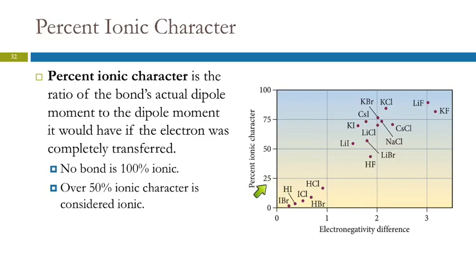So these guys are all below 25. Up here, above 50%, these are all metals and nonmetals. We've got this one guy in here, HF. Hydrogen is a nonmetal with one of the lowest electronegativities for nonmetals, and fluorine is the highest. But this is still not ionic because it's below 50%. So there that is. Any questions?